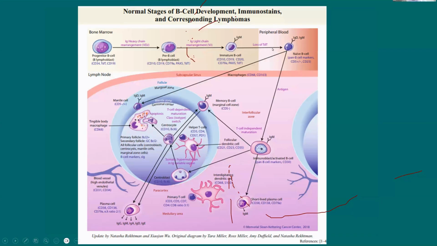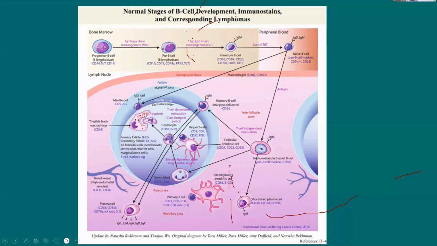Again, I won't go into details, but just know that the markers we mention throughout our lectures are either transcription factors or cell membrane receptors that change along the maturation from the bone marrow to the lymph node or the germinal center.